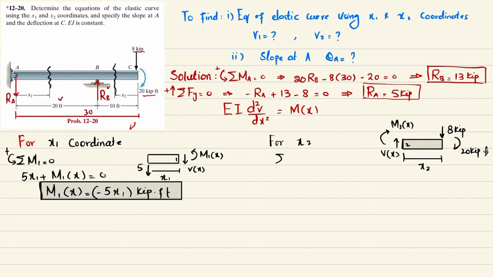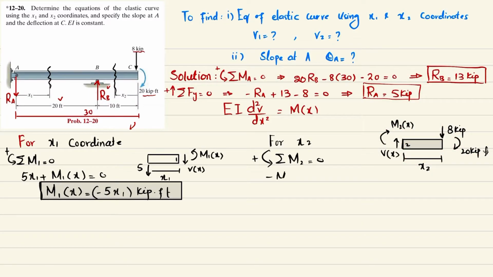So we will apply the equilibrium condition that the sum of all moments about point 2 is equal to 0, taking the counterclockwise moment as positive. About this point, we have the internal moment M2, which is clockwise, so it will be negative. 8 times x2 is also a negative moment, and minus 20 kips-ft, their sum must be equal to 0.